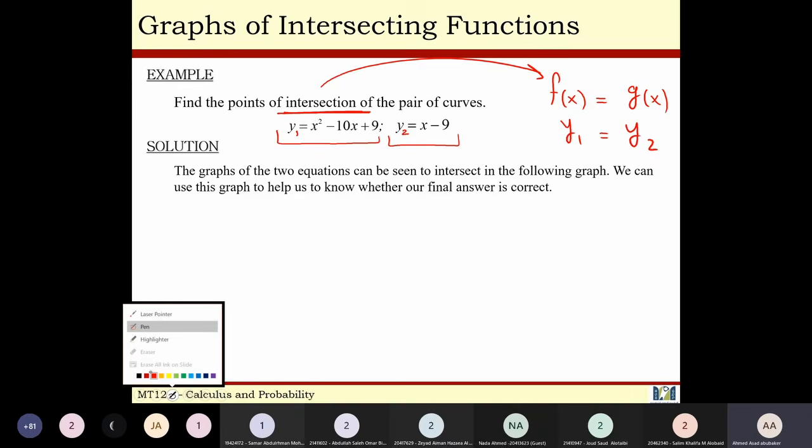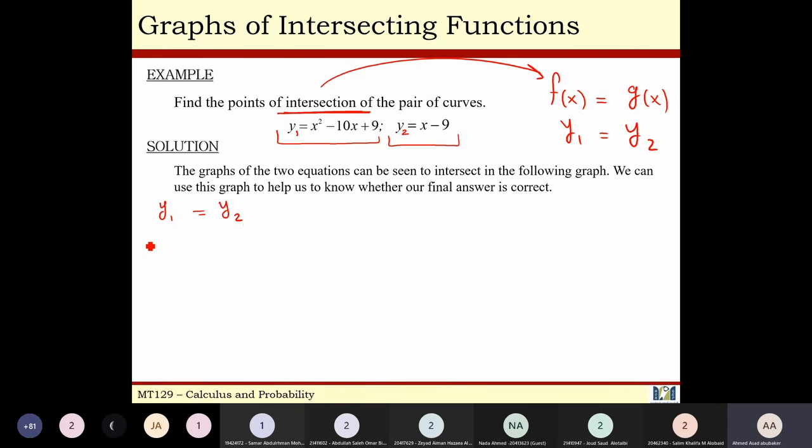Now, look at this example. Find the point of intersection of the pair of curves. So we have y1 equals y2. y1 is x squared minus 10x plus 9, equal to y2, x minus 9.